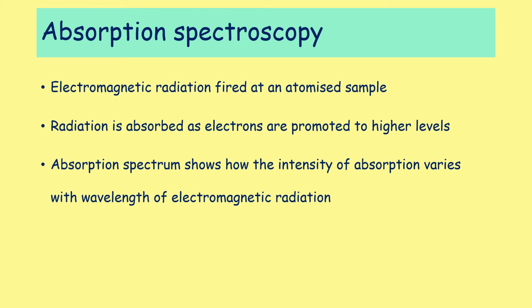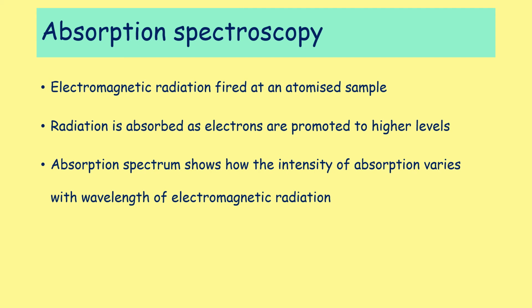Now we're going to look at how this is used in terms of absorption spectroscopy. For absorption spectroscopy, we expose a sample to electromagnetic radiation. And if we're looking at atoms, we need to make sure that our sample is atomized. So it might have been heated up in order to break it apart so that it exists as single atoms.